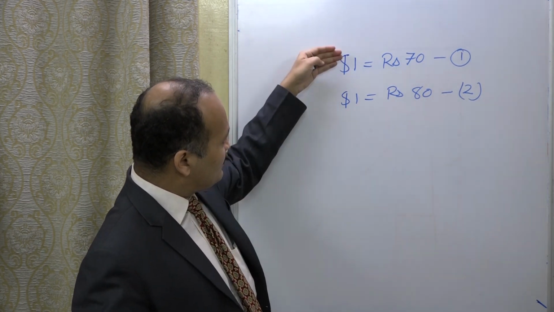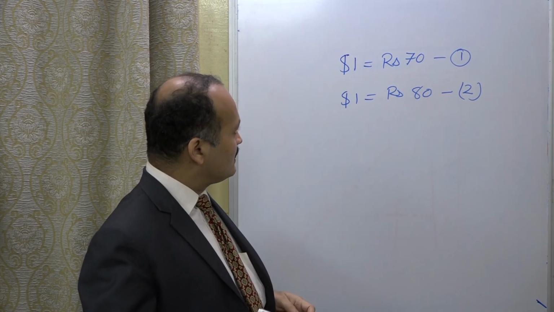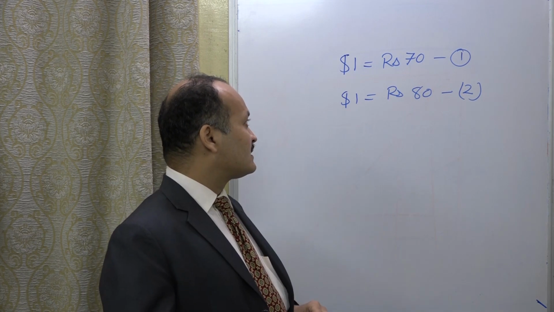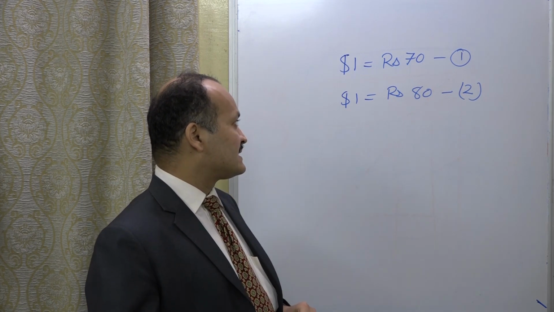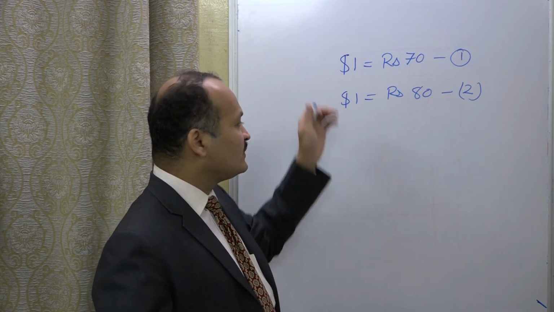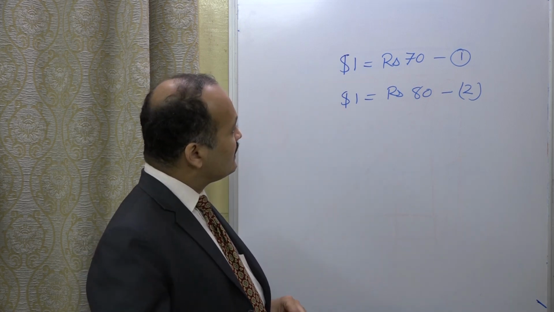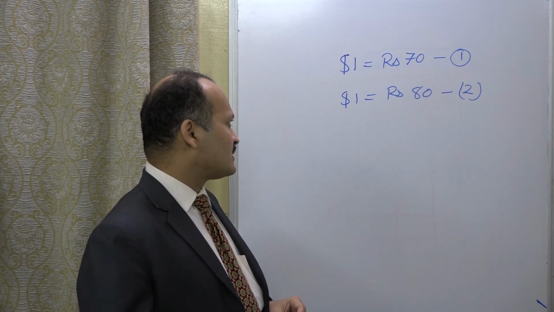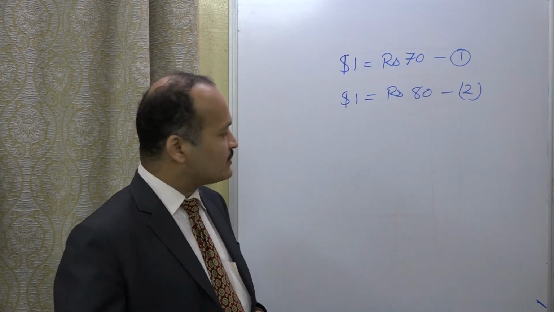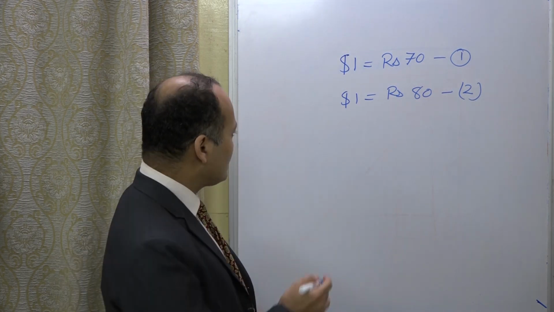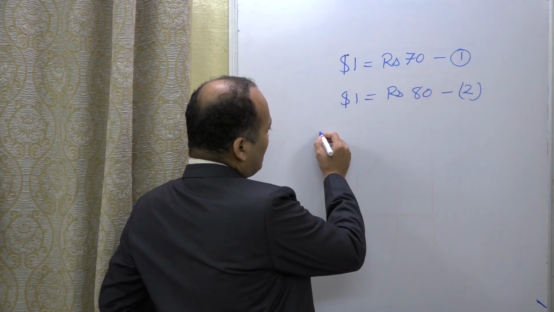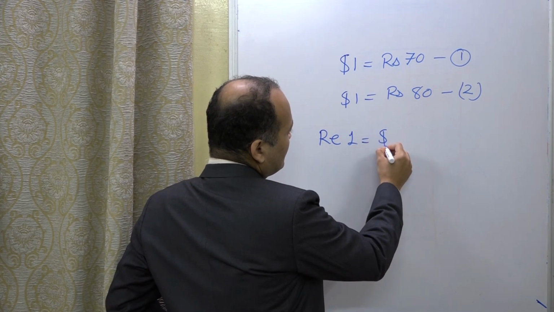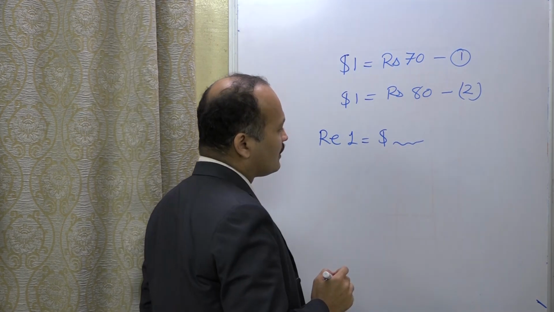Then why am I representing it in this fashion, where I am representing how many units of domestic currency will trade for 1 unit of foreign currency? We are depicting it in this way for convenience, but if we stick to the definition of exchange rate, the correct way to represent it would be how many units of foreign currency I can get per unit of domestic currency.